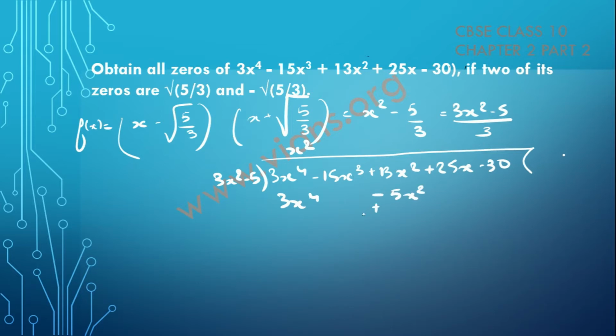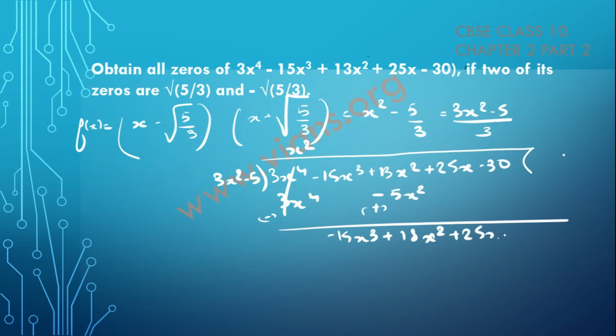Change the sign, minus 15x cube plus 18x square plus 25x minus 30, 3x square into minus 5x will give you minus 5 3s are 15 x cube, 5 5s are, this will give you 25x, right? Change signs, this will get cancelled.